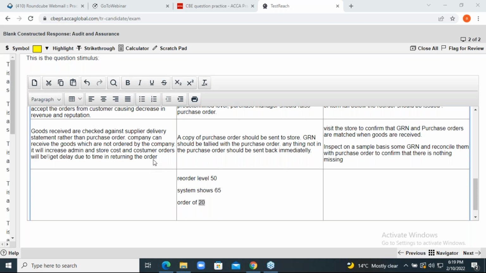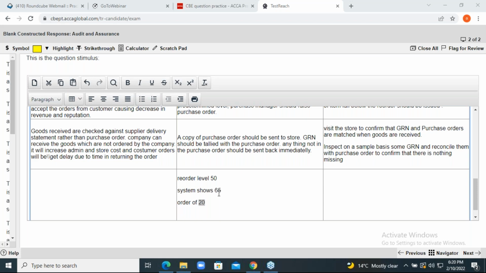Also, an important thing is that if it takes a lot of time, like you can see this 65, and normally per day you get an order of 10 items. So what will happen within the coming 20 days?